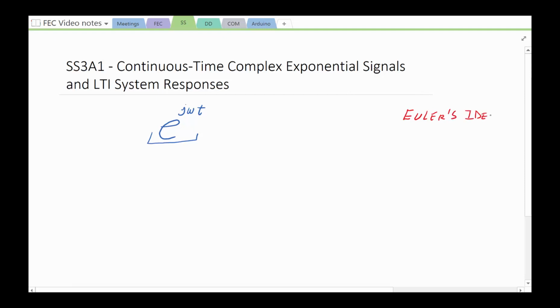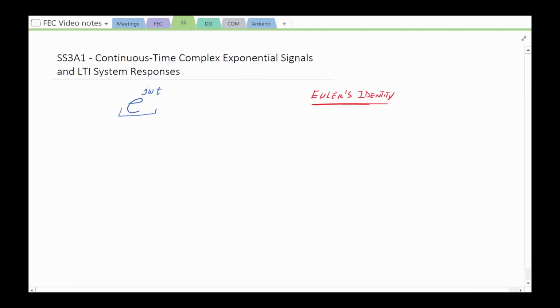If you plan to, and hopefully you are, really understand the material we're going to cover from here forward in almost all the other videos in this section, it's really important for everyone to be very, very comfortable with what these Euler's identities really are. That basically says that e to the j anything, alpha, is equal to cosine of alpha plus j sine of alpha.